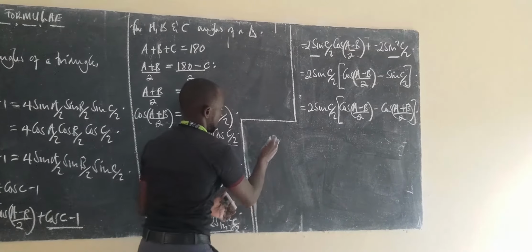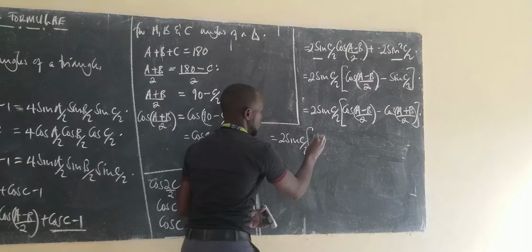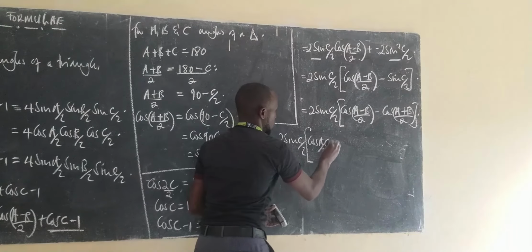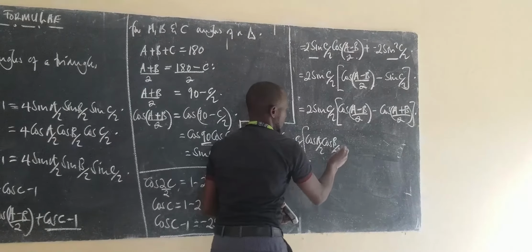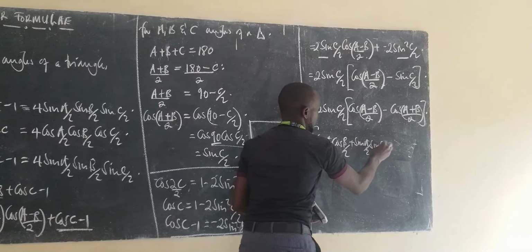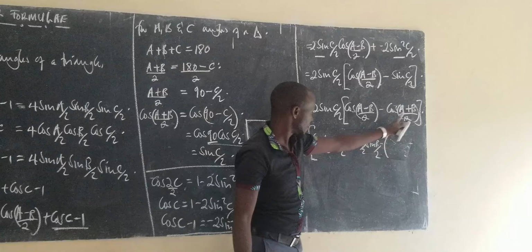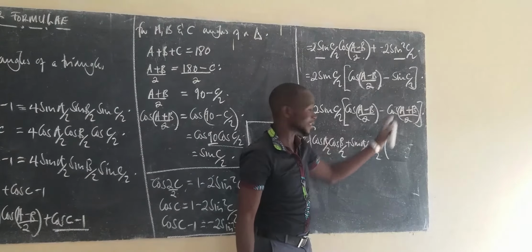So we shall have 2 sine C over 2 into cos A over 2 cos B over 2 plus sine A over 2 sine B over 2. This is minus, we are subtracting. Remember, this is a positive, it will create a negative inside there.